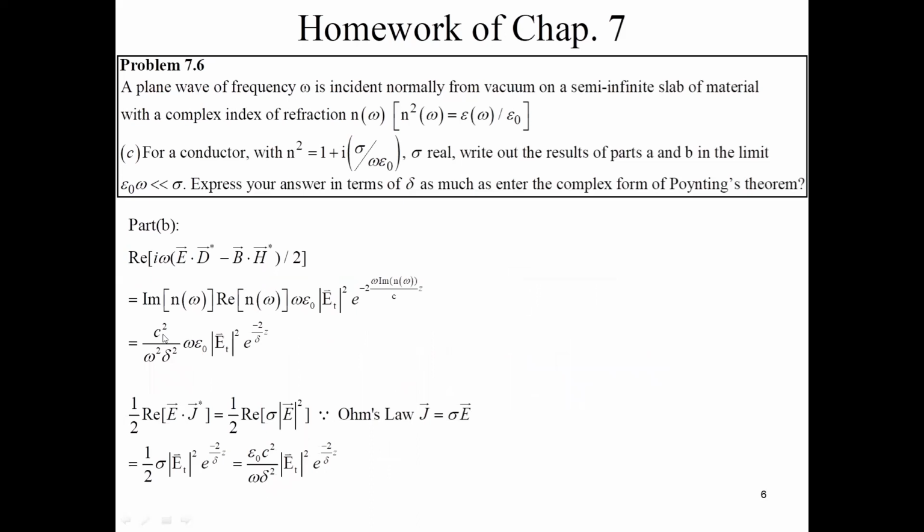So we have c over omega times delta squared times this. And here you can see that if we calculate the Ohm loss, one half times E dot J conjugate will also give us this result. These two terms become the same.